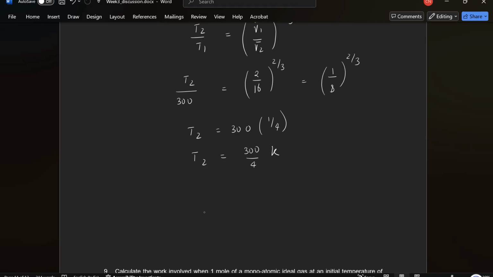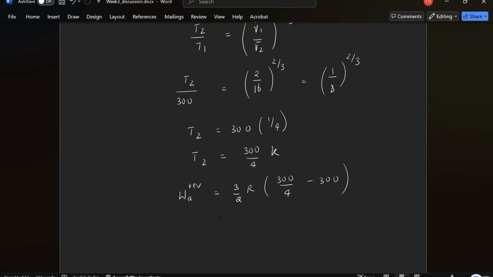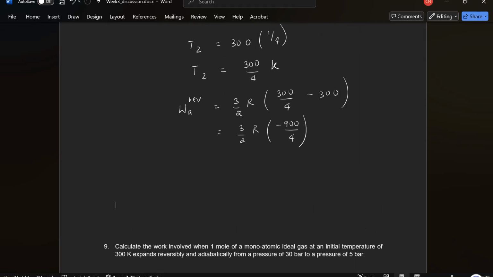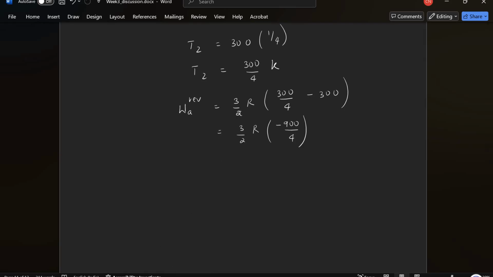So what we need is the reversible adiabatic work. CV is 3 by 2 R, times T2, which is 300 by 4, minus 300. So this is 3 by 2 R times (300 minus 1200) by 4, which is minus 900 by 4. Let me get the calculator out.